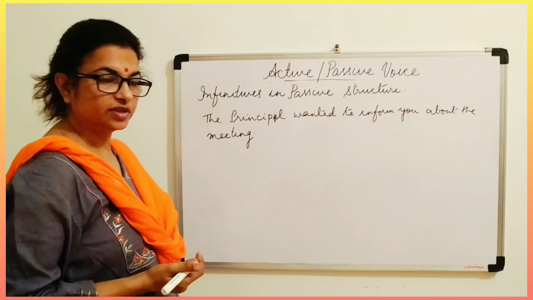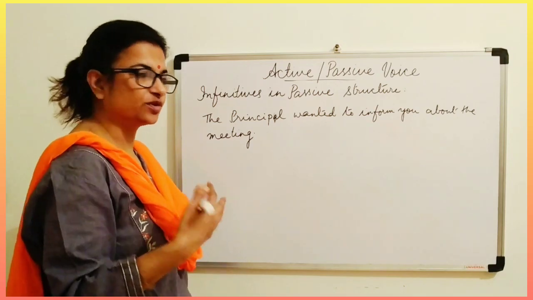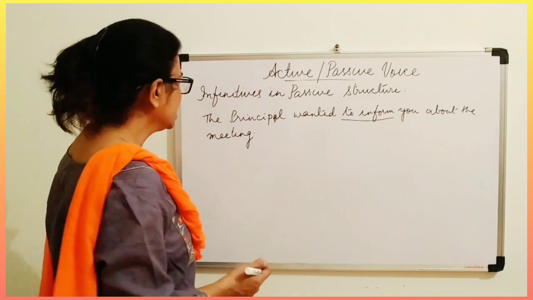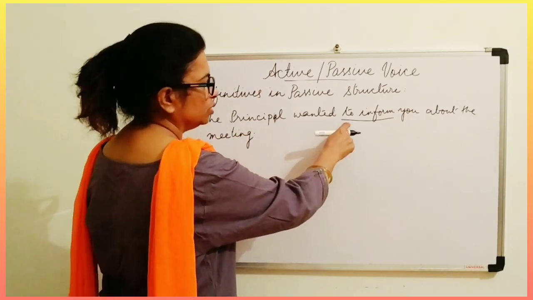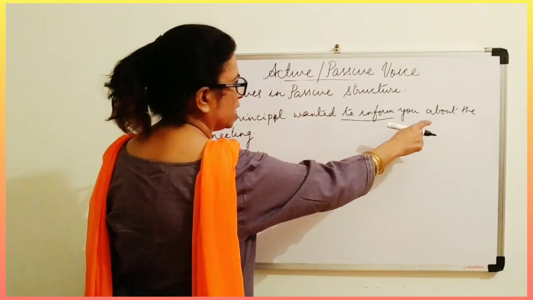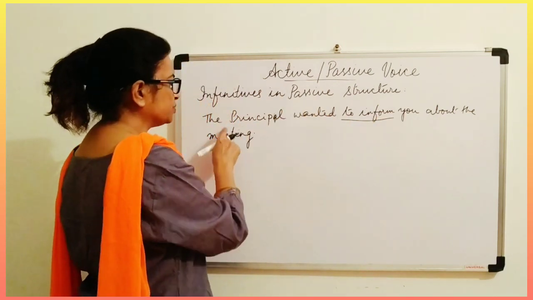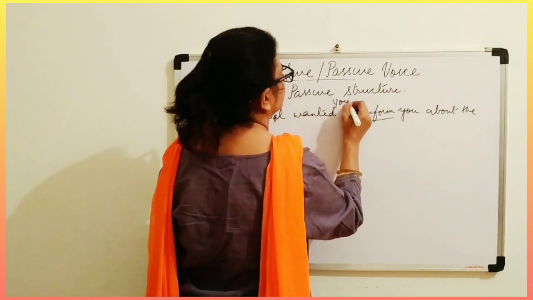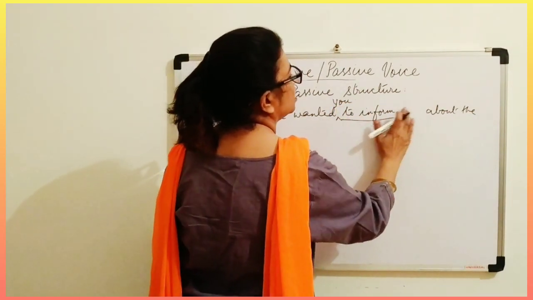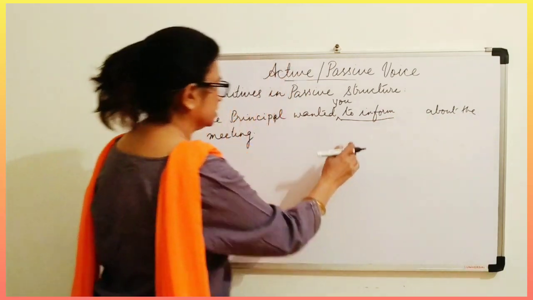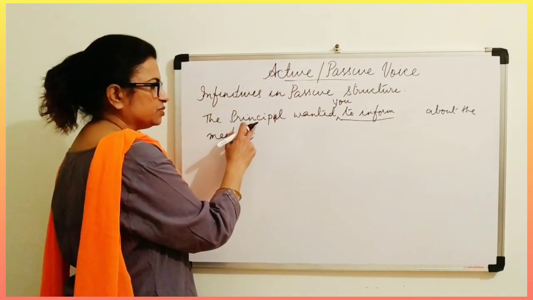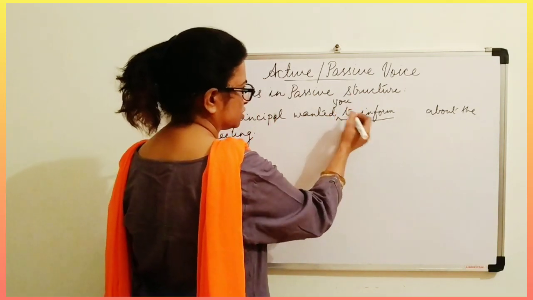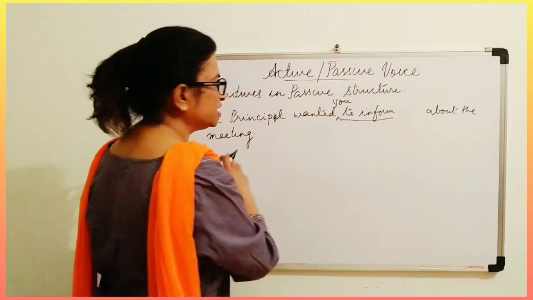Now what is the infinitive here? Which verb is taking to before it? This. So this is the infinitive, isn't it? So the principal wanted to inform you about the meeting, or the principal wanted you to inform about the meeting. Now after principal we have two objects here, you and the meeting also.